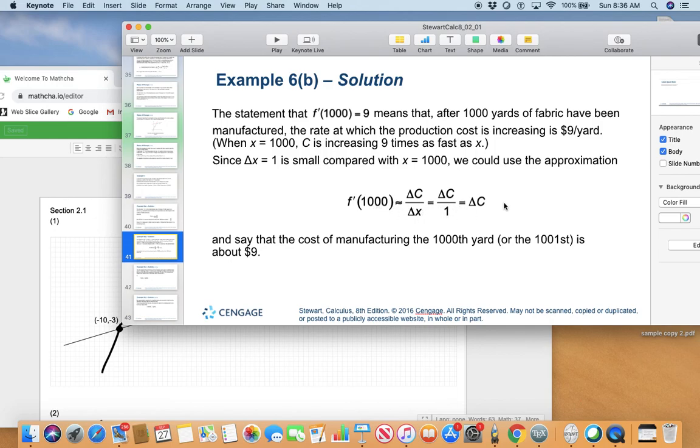So that means the cost of manufacturing the 1000th yard, or the next one, the 1001st yard, is about $9. Okay, that's what this means. So at the 1000th yard, you expect the next yard to cost $9.